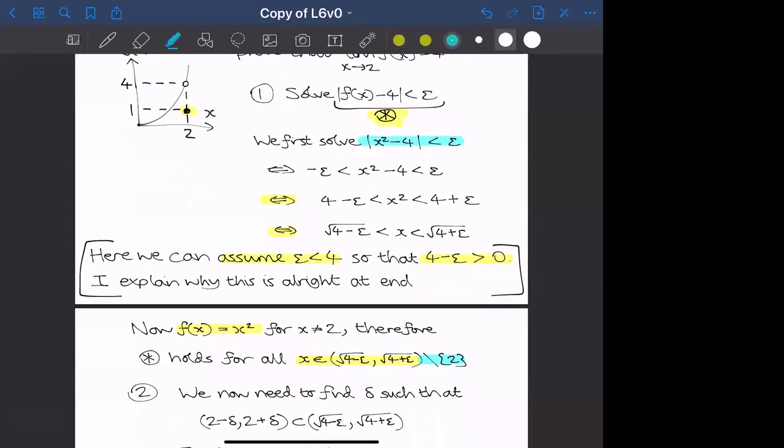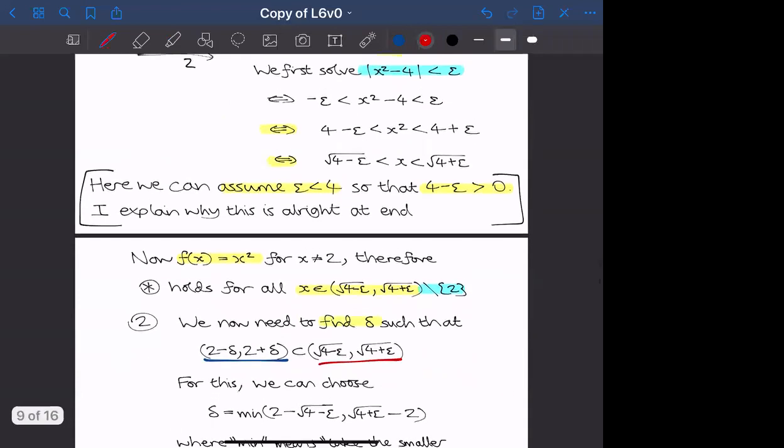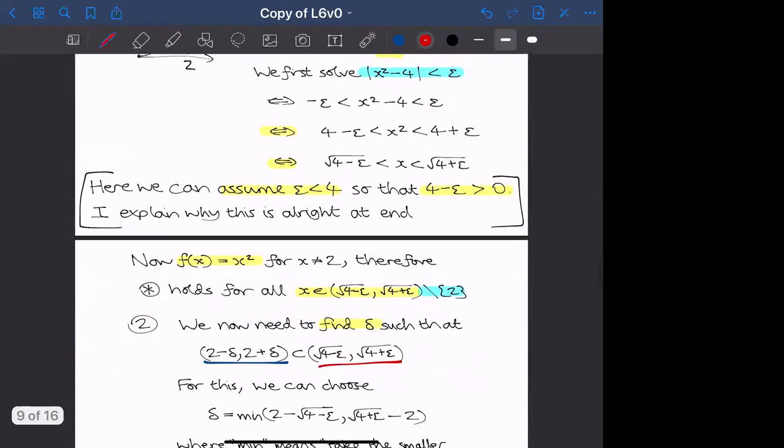And step 2 was to find delta such that the small interval on the left is inside the big interval. And we can always hope to do that because we can choose delta as small as we like.